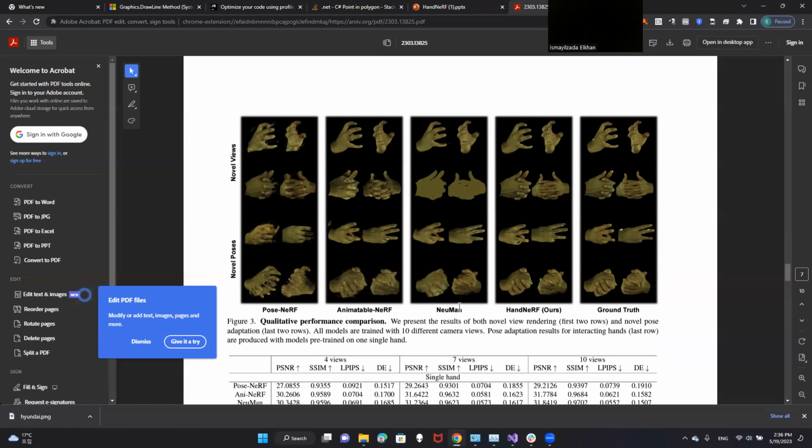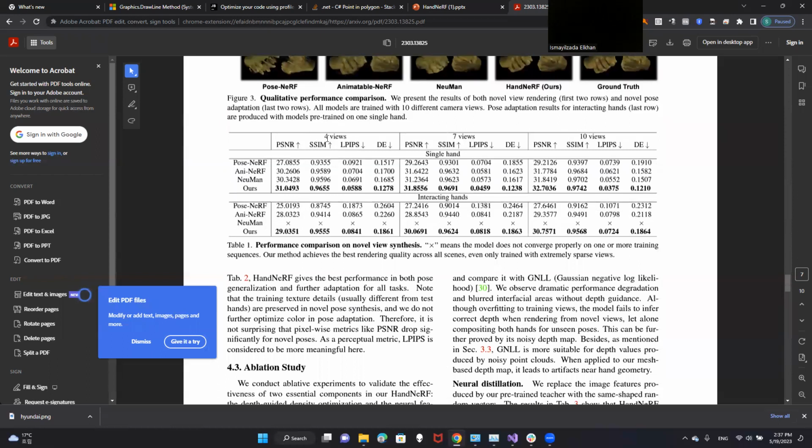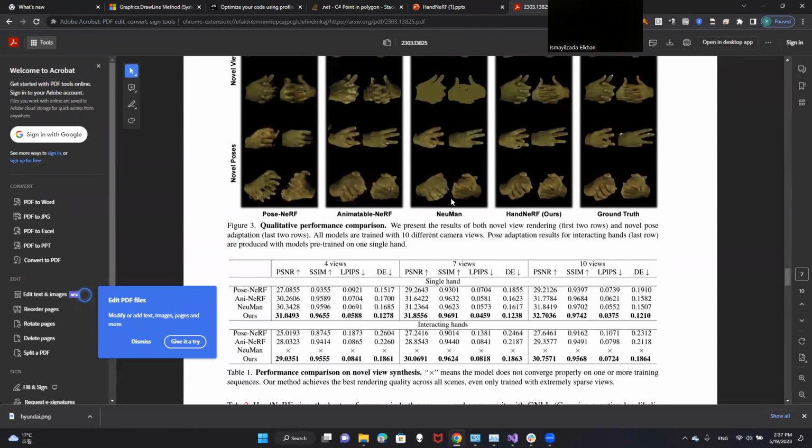I was thinking that the left one is the input, and the right one is the output. I suppose that should not be the case because they use at least 4 inputs for every single case. They have to use four different views. In the experiment, they try three different values, 4, 7, and 10, so it's never less than 4.